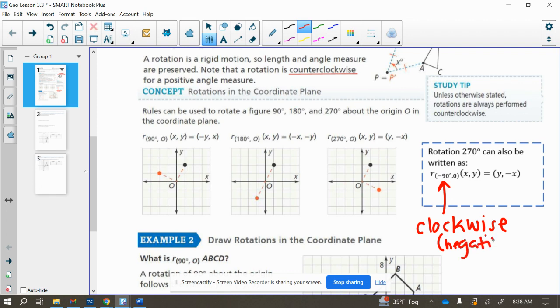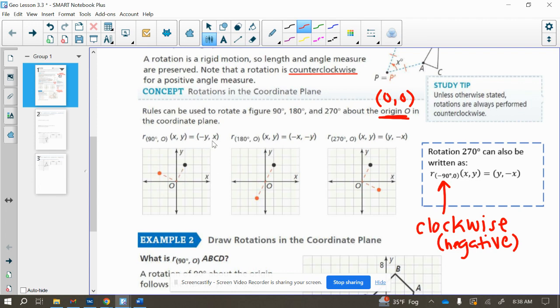Now notice these rules that are in place when you're rotating 90, 180, or 270 around the origin. So that's point O, which stands for the origin, aka 0, 0. When we rotate around here, we have these rules. You will want to keep these handy, because they are going to allow us to rotate our points.